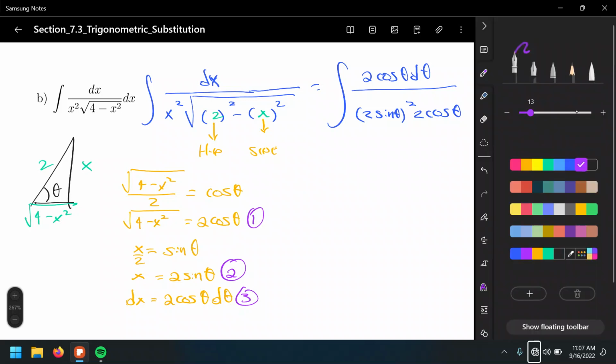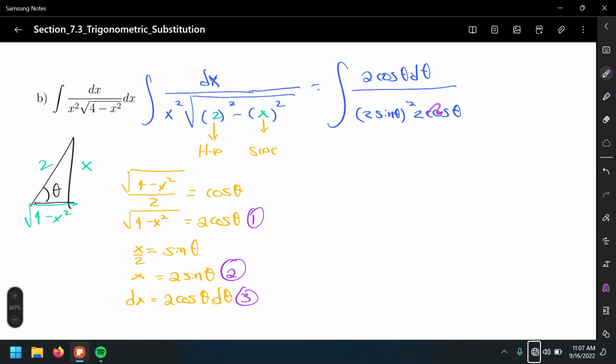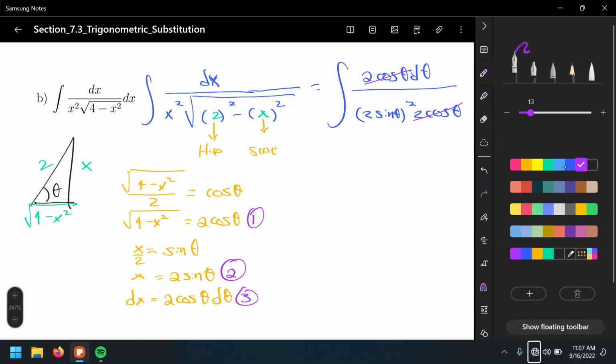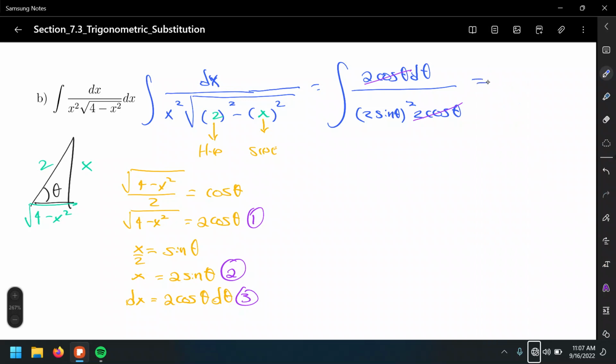Check this out. We can cancel 2 cosine with another 2 cosine, and then we need to square the 2 sine theta, which gives 2 squared, which is 4 sine squared theta.